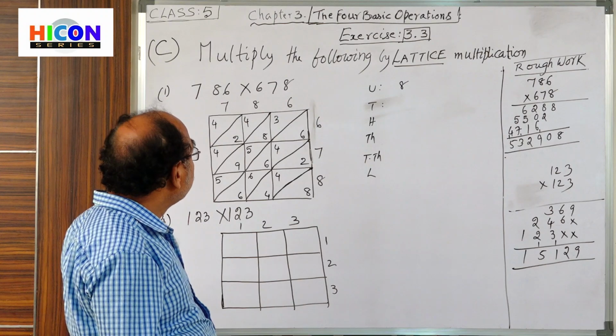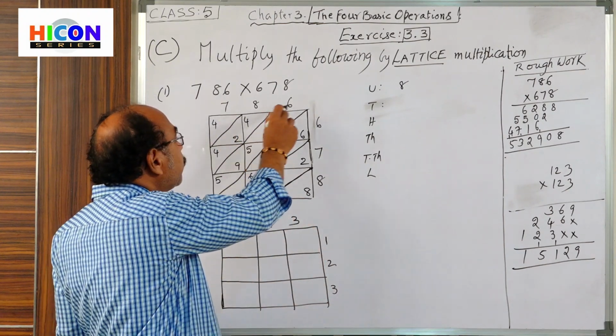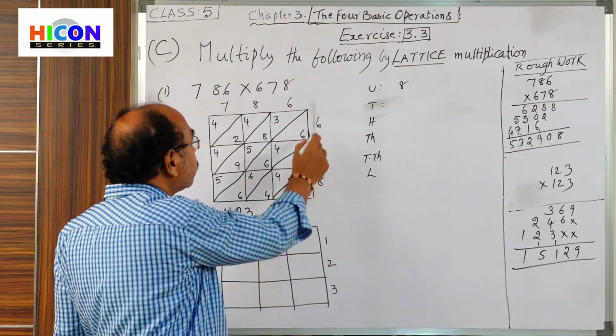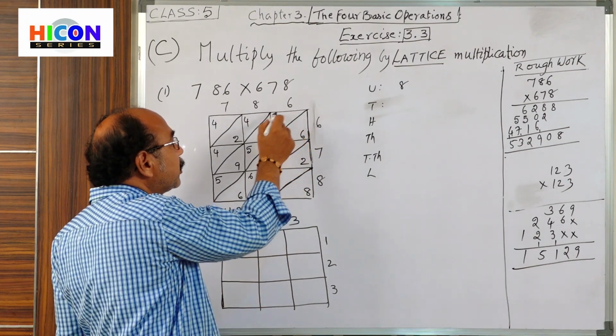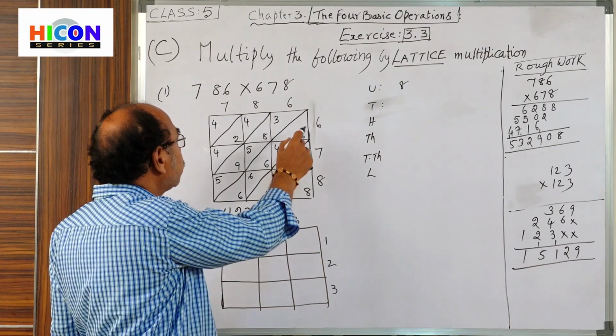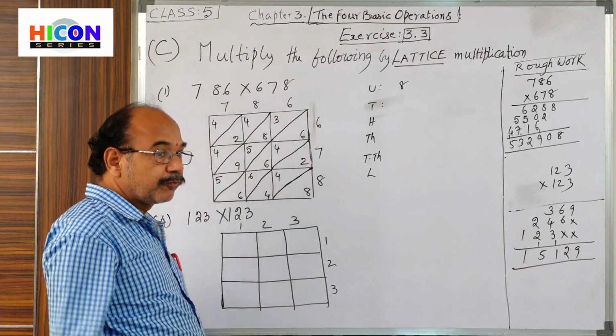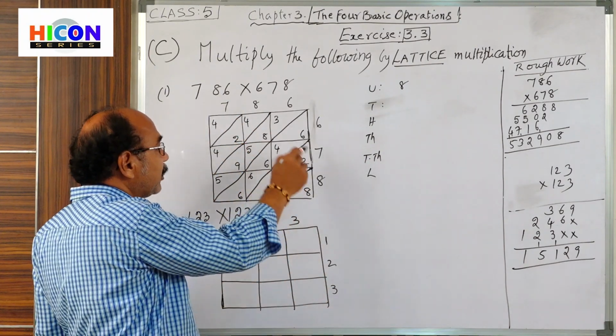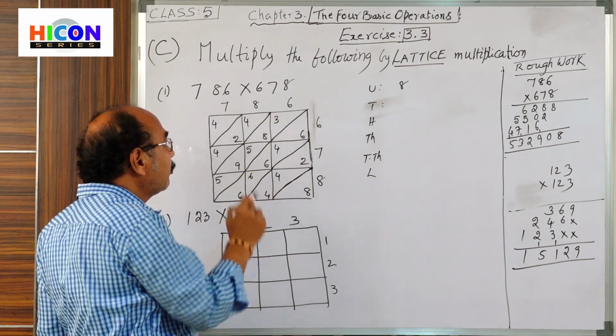Now you multiply all the digits of the first number with 6. See children, here 6 into 6 is 36. 6 into 8 is 48. And here 6 into 7 is 42. Now multiply with 7. 7 into 6 is 42.